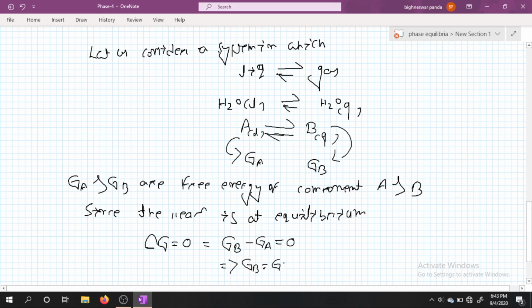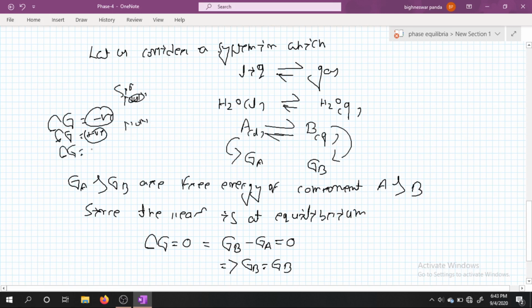Since the reaction is at equilibrium, whether the reaction undergoes forward or backward reaction depends upon delta G. If delta G is negative, the reaction is spontaneous. If positive, it is non-spontaneous.